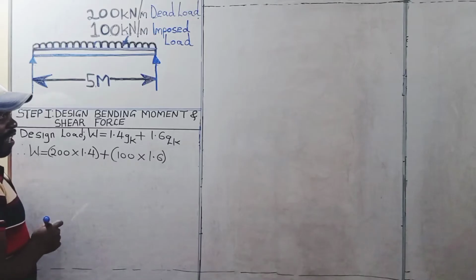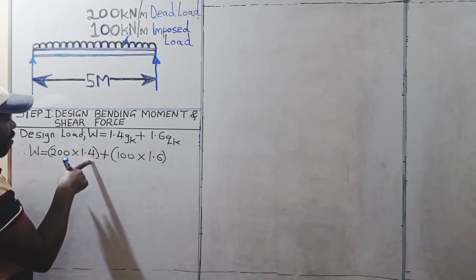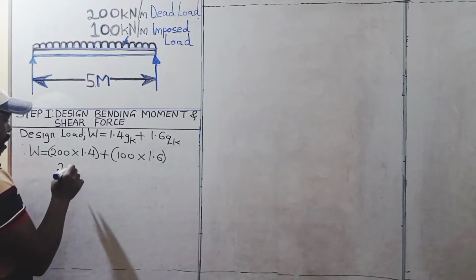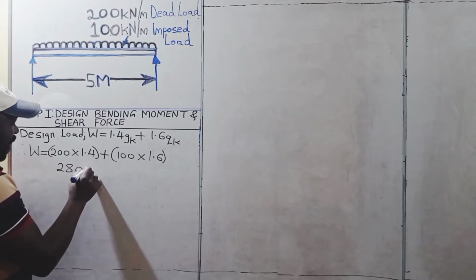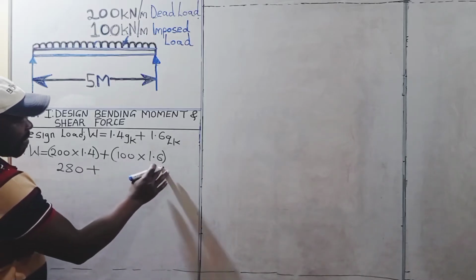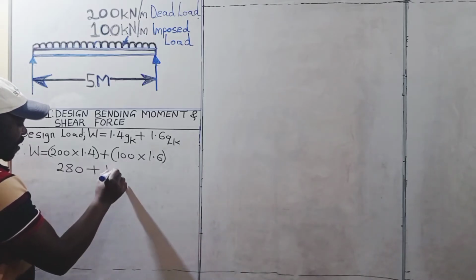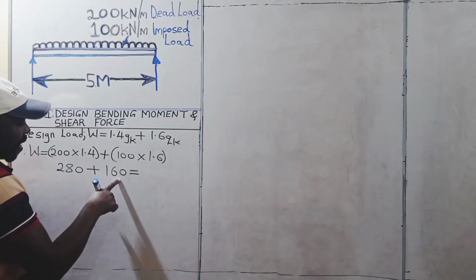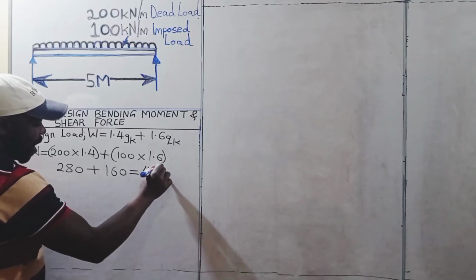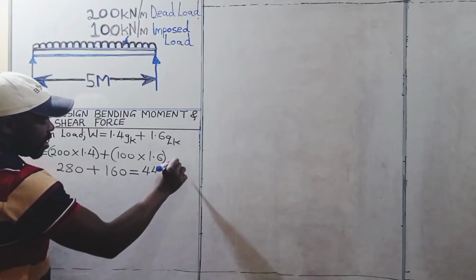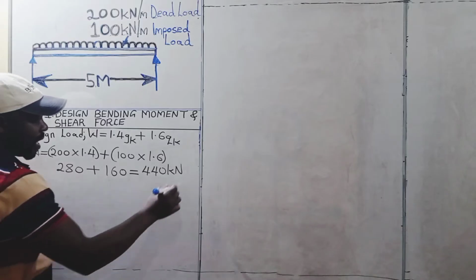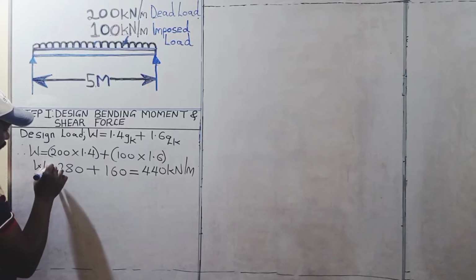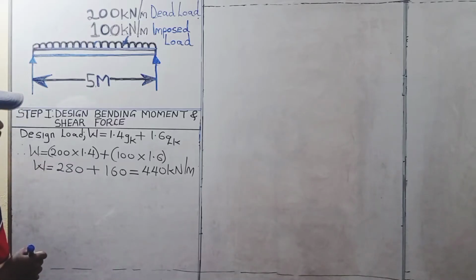And this happens to be 200 times 1.4, that is 280. 100 times 1.6, that is 160. And when you add 280 plus 160, you get 440 kilonewtons per meter. Therefore, that is the design load.